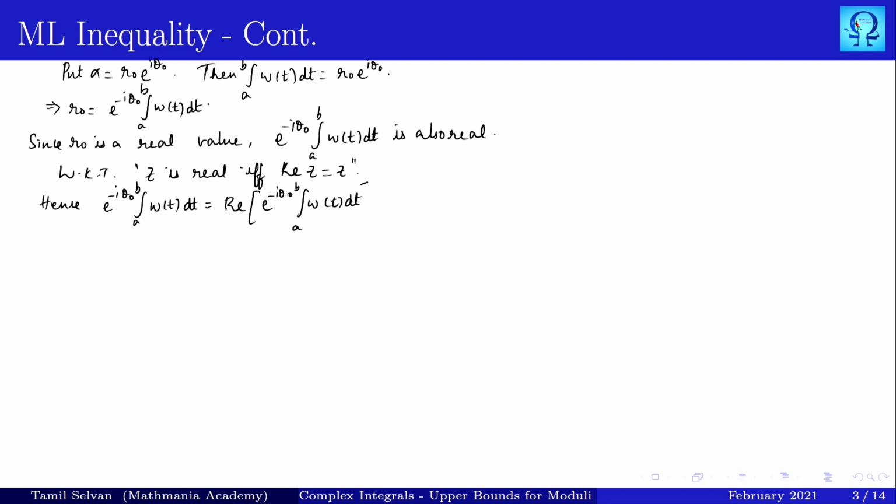Since e to the power minus i theta naught is independent of t, we can take it inside the integral without affecting the value. Using the properties of integrals, we may write this as the integral of the real part of e to the power minus i theta naught w of t dt. Whether we integrate and then take the real part, or take the real part and then integrate, we get the same value.